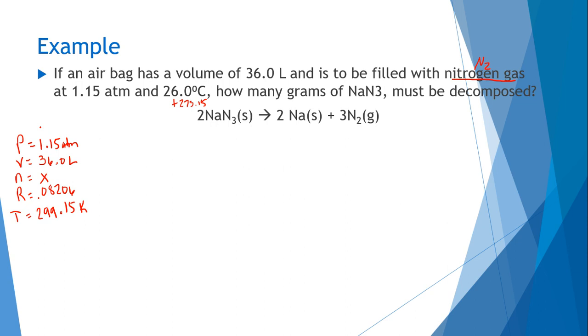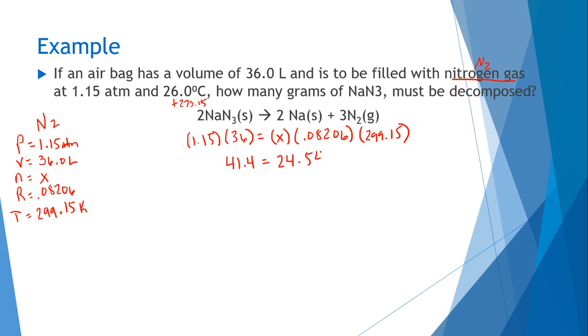From there, we're going to plug this into the ideal gas law, and this works because every single one of these values goes with the compound N2. So we plug in 1.15 times 36 equals x, because that's what we're trying to find, times 0.08206, times 299.15. We multiply the first two and get 41.4 equals, and then we multiply the 299.15 and our R factor, and we get 24.548249, and then we multiply that by x.